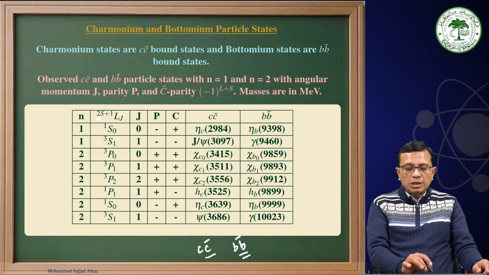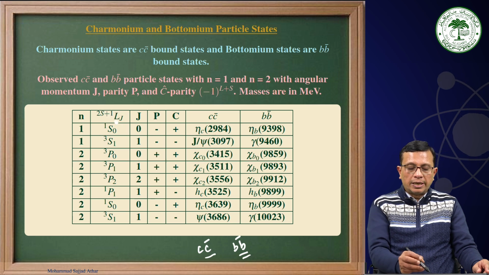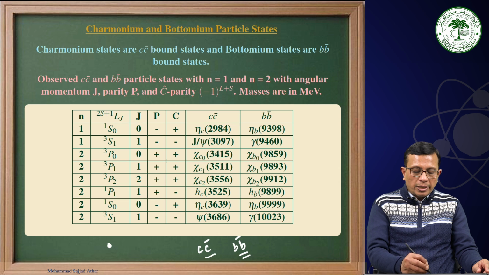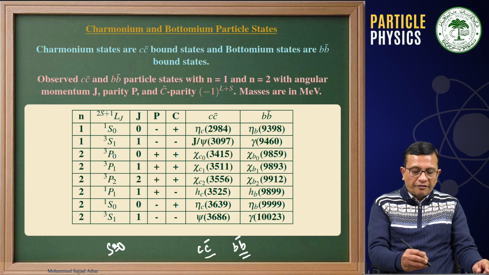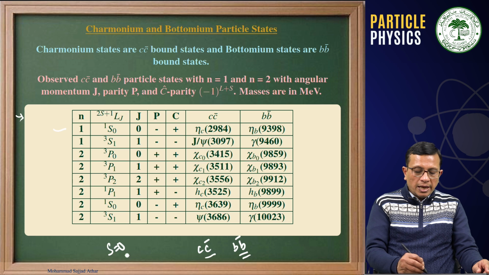If S is equal to 0, you have 1, and if S is equal to 1, you have 3. Since we are talking about L equal to 0 only, because with n equal to 1 you can get L equal to 0 only, you have an S state, and S is 0 in the first case, and L is 0, therefore J is 0.